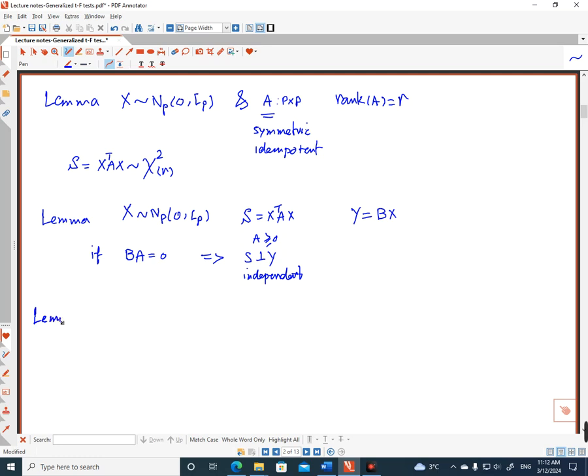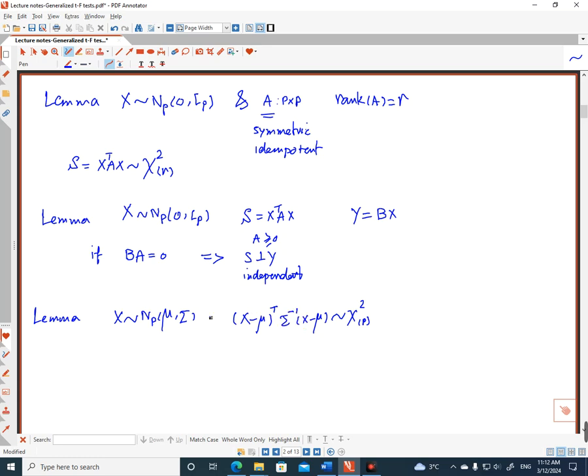And another lemma, which comes from the first lemma: if in general we assume that x is a p-variate vector with normal distribution with general mean vector mu and variance covariance matrix sigma, then we can conclude that x minus mu transpose sigma inverse x minus mu has a chi-square distribution with p degrees of freedom.